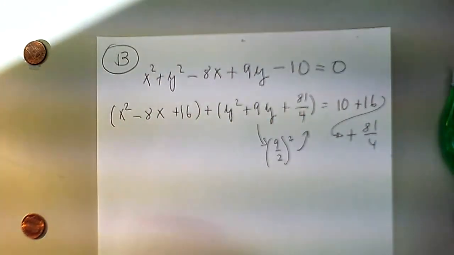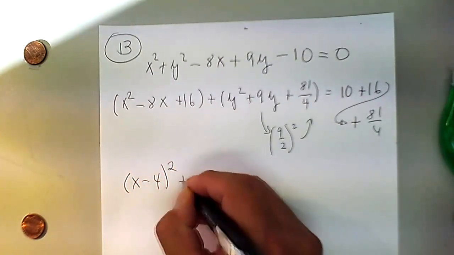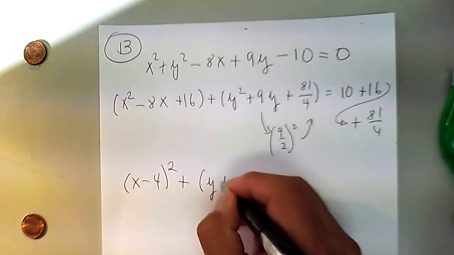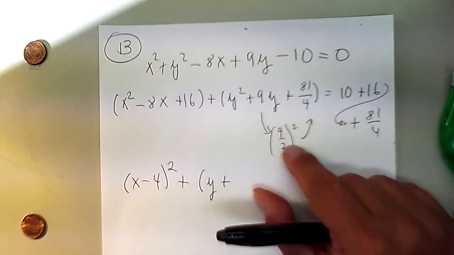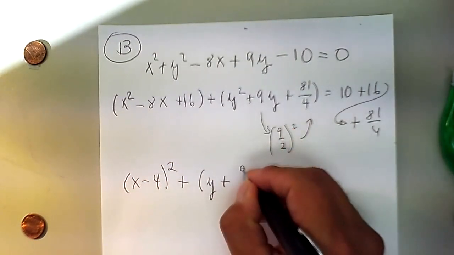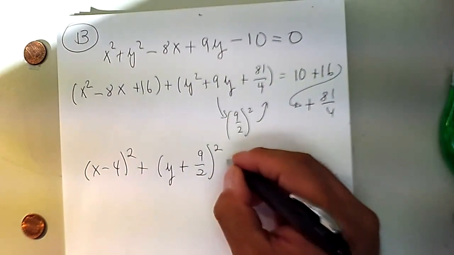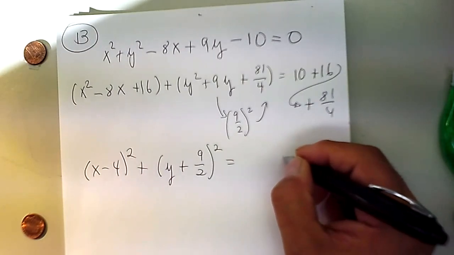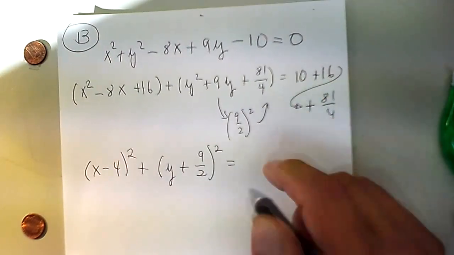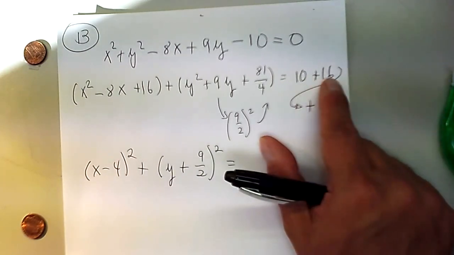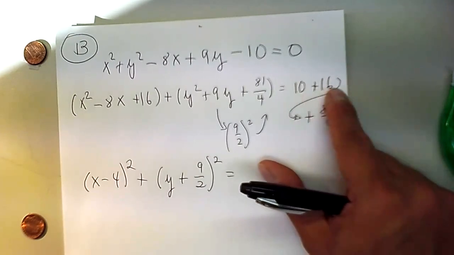Here there's no big complication. We have x minus 4, quantity squared, plus y plus, remember, the number is the one before we square, 9 over 2 squared, equals 26. But we want to add the 26 to 81 fourths. The 26 is 10 and 16.